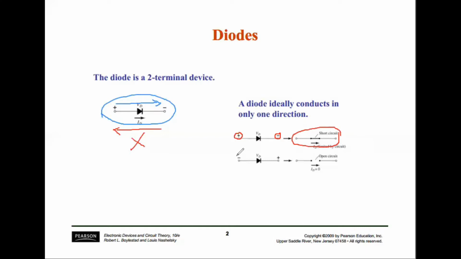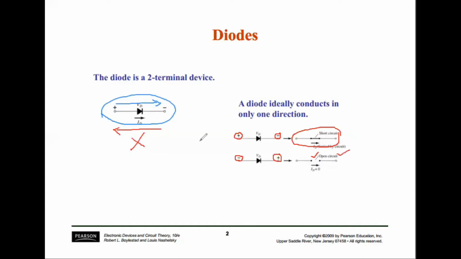Similarly, when the polarity of the voltage is reversed, you can see it here. So when the polarity is reversed, this diode will act like an open circuit, which is shown here, and no current will be flowing through this wire or these connections.